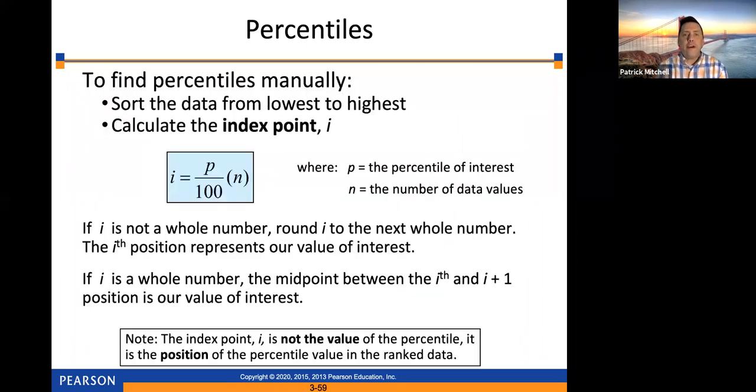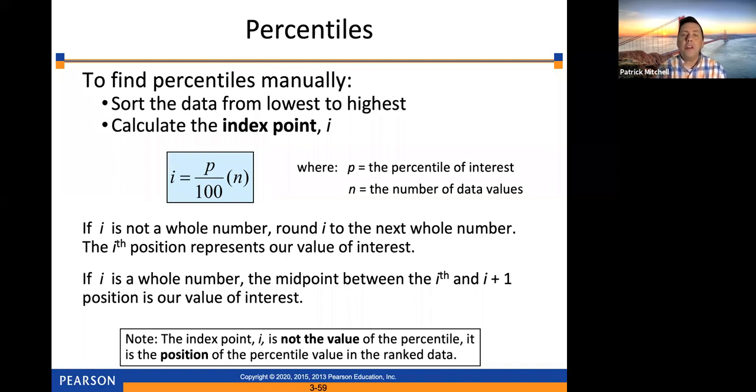So here's how you find percentiles manually, which is the way that we will be doing it. First, sort the data from lowest to highest. Next, you have to calculate an index point. This index point is basically a position number where your percentile is going to fall.